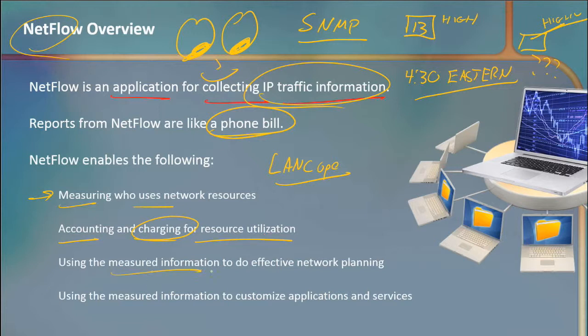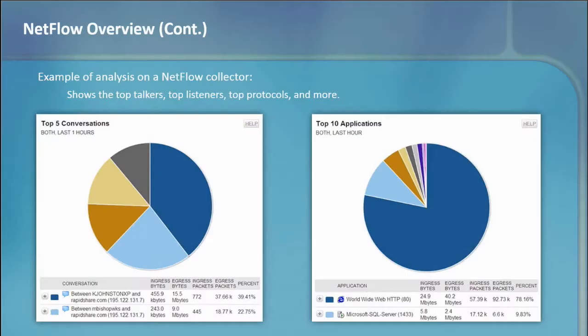It uses measured information to do effective network planning. We've got real stats on the types of applications that are running, and it can use measured information to customize application and services. Or in other words, we can customize our quality of service policy based on traffic characteristics. Again, like I showed you, you can see things like top conversations and top applications.